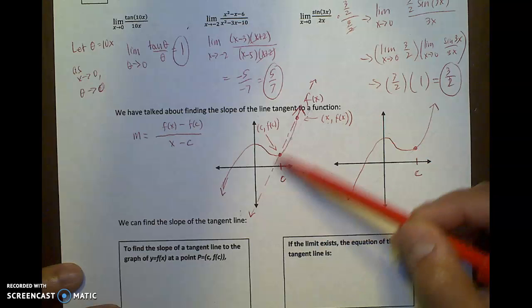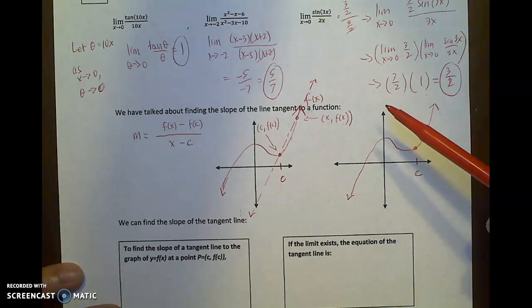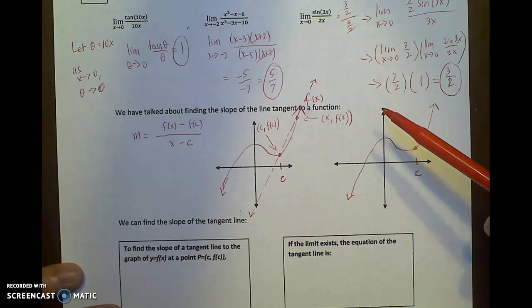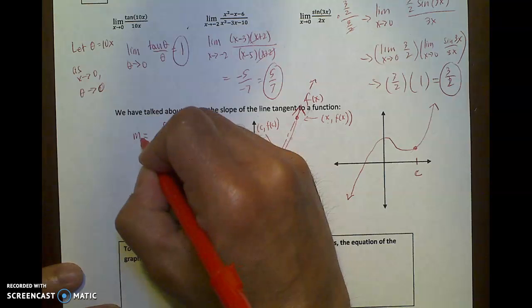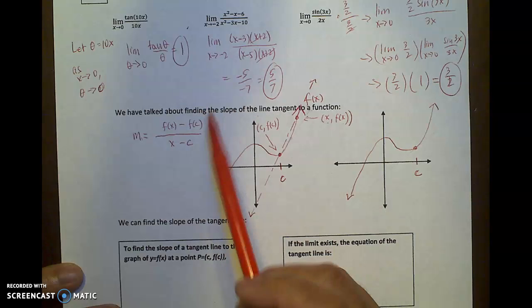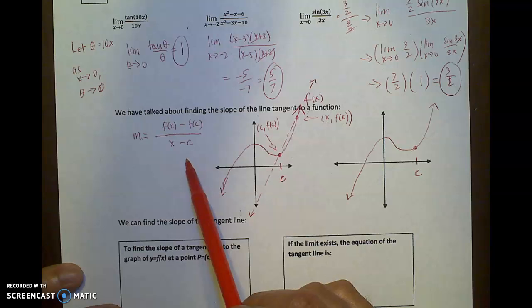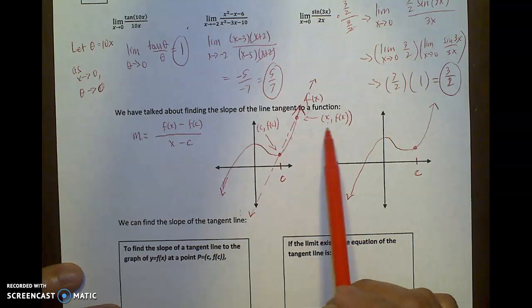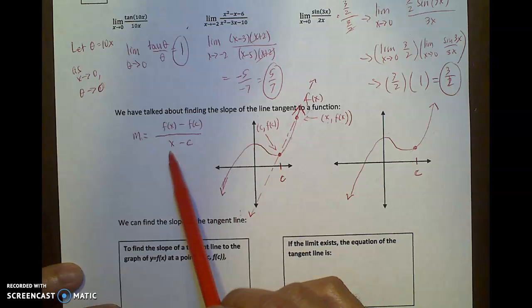To find the slope of the secant line, we're going to use our knowledge of the slope formula: the difference in the y's over the difference in the x's. So here we have the slope of the secant line: f(x) minus f(c) over x minus c.